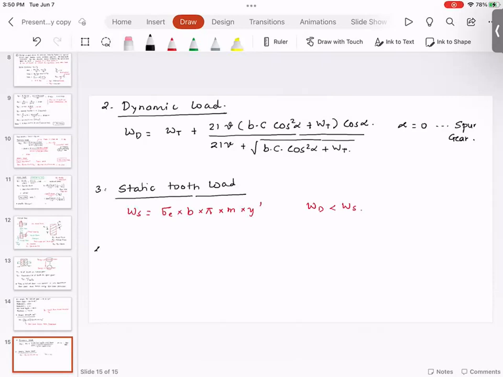Last step is the wear load. And the equation for wear load is K sigma ES square sine. The only difference here is we have to use sine Cn.